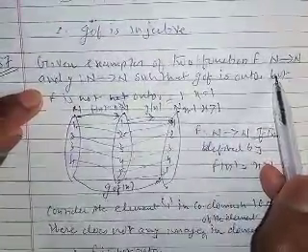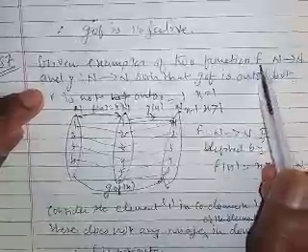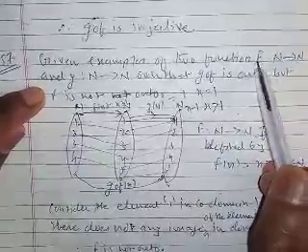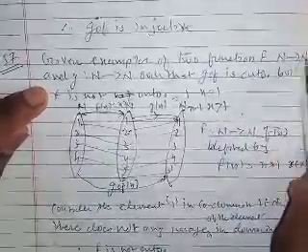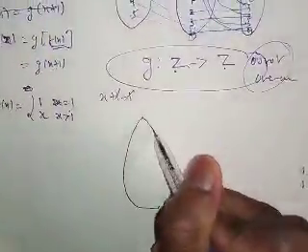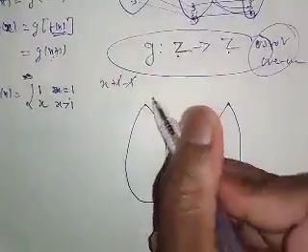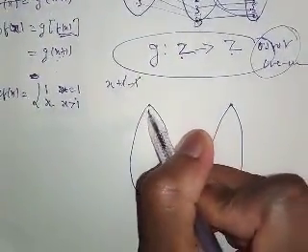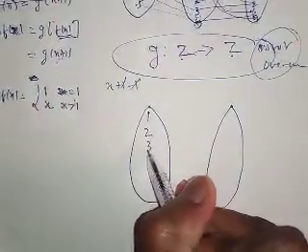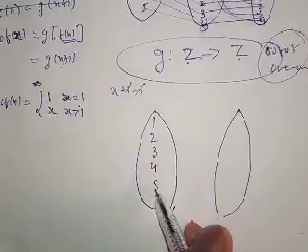Now f is defined from N to N. So let's take one set like this, N is 1, 2, 3, 4, 5.